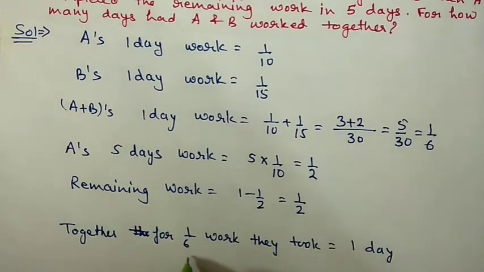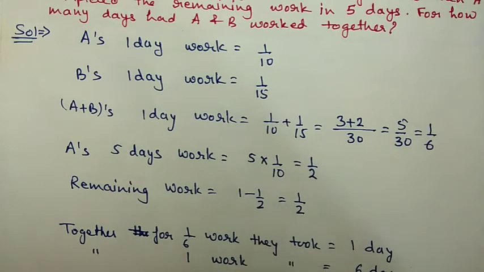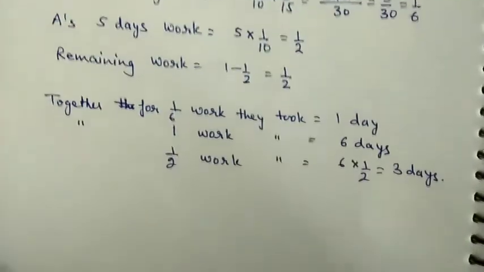We can calculate for 1 work. For 1 work they will take 6 days and we have to find out for half work. So half work they will do in 6 into 1 by 2, means 3 days. So they worked together for 3 days.